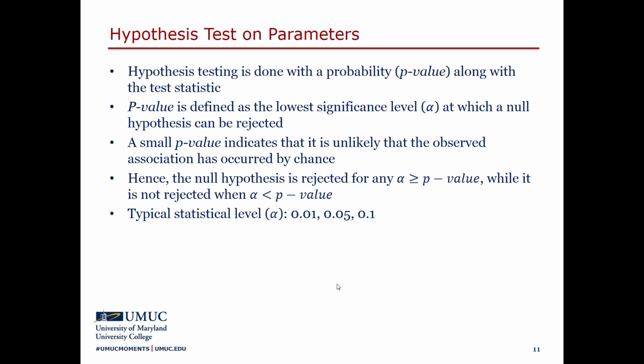The p-value is defined as the lowest significance level at which a null hypothesis can be rejected. So, for instance, if you take a 95% confidence level, the alpha value will be 0.05.